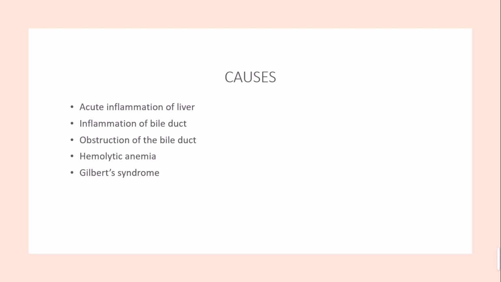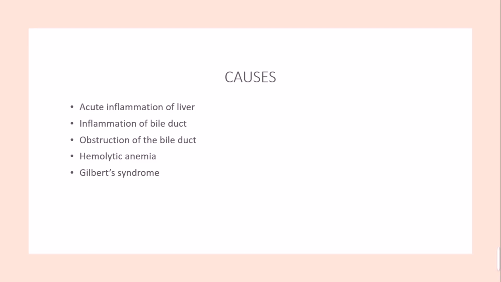In case there is inflammation of the liver and the liver cells are inflamed, there will not be a proper conversion of the bilirubin. Then there is inflammation of the bile duct. If there is an inflammation in the bile duct, there might be chances of stasis or some other reason for the bilirubin forming in the bile.